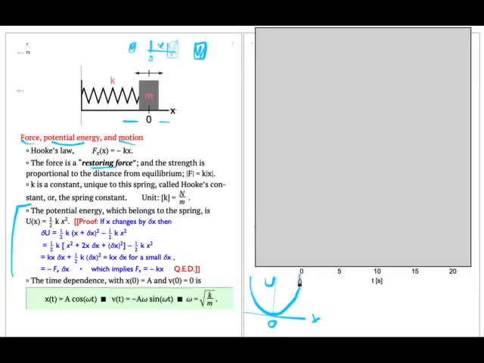That's U of x. And remember the relationship between force and potential energy. Force is in the direction of decreasing potential energy. So if I'm over here, the direction of decreasing potential energy is to the left.